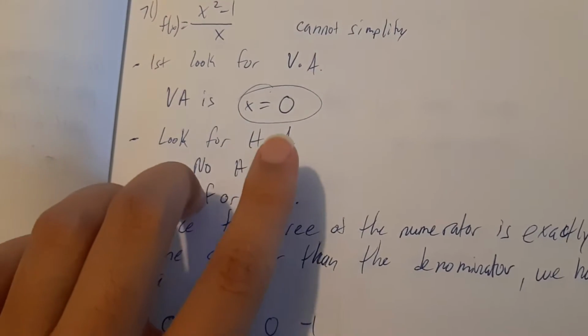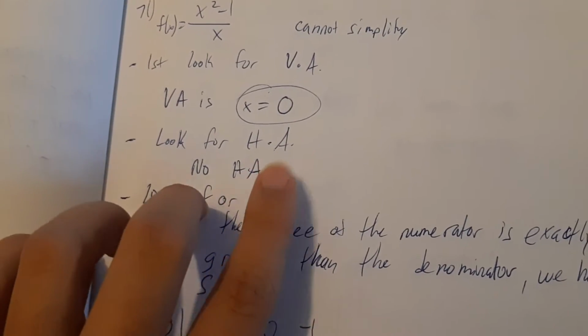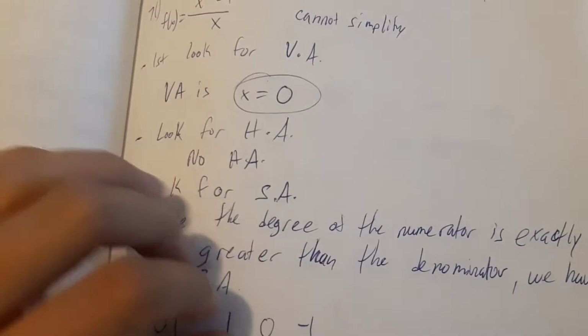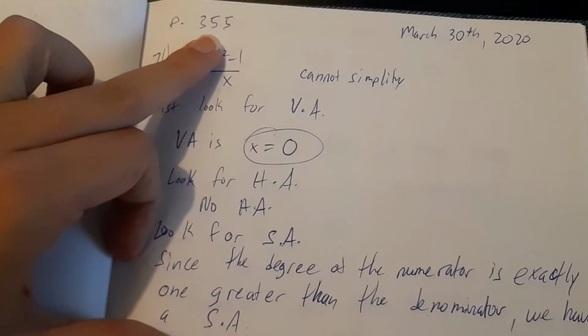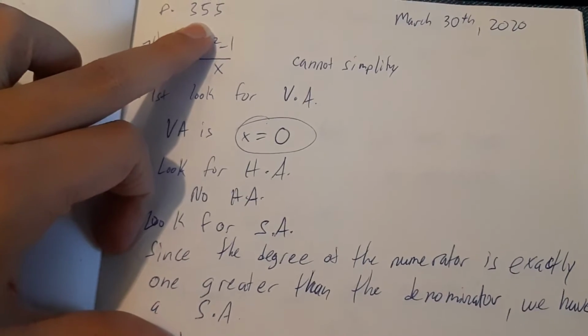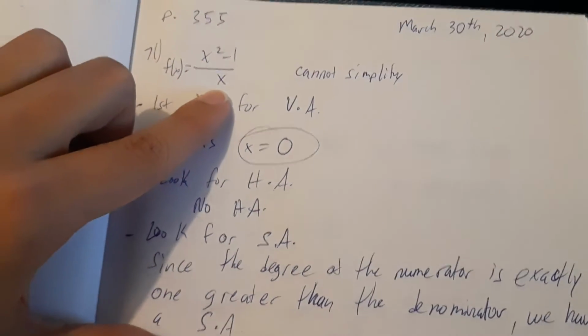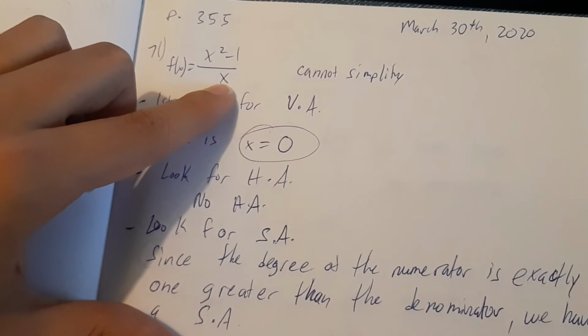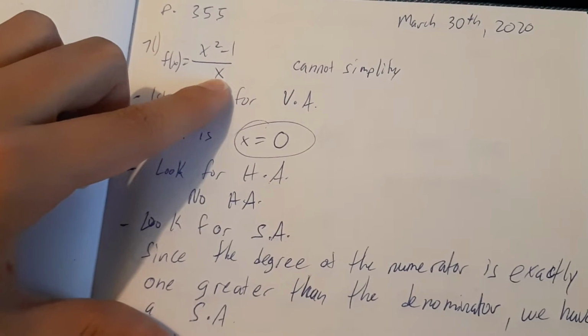Now, once we have found the vertical asymptote, we look for the horizontal asymptote. Remember the 3 rules. If the denominator's exponent is greater, we have a horizontal asymptote at y equal to 0.